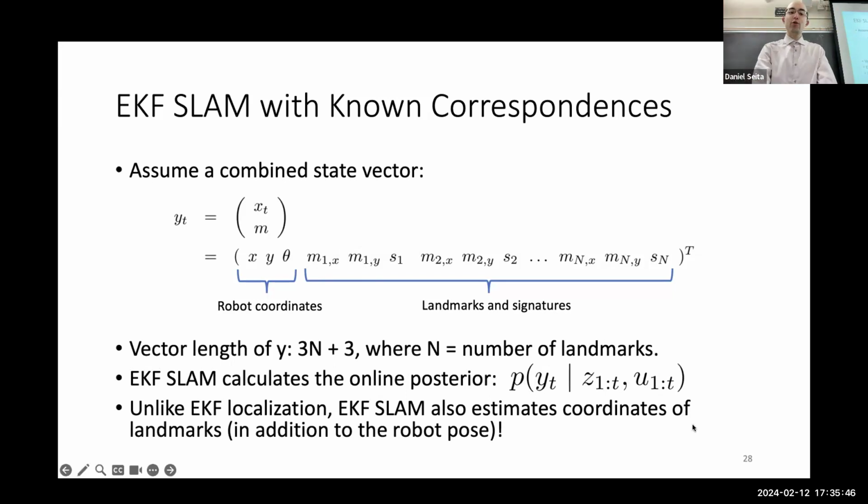But here you can argue that the state consists of the robot and the environment, the landmarks, because this is the thing that we're trying to estimate. Otherwise, when we were doing localization, we were automatically given M. So this is just a way to design what vector we want some kind of distribution over.